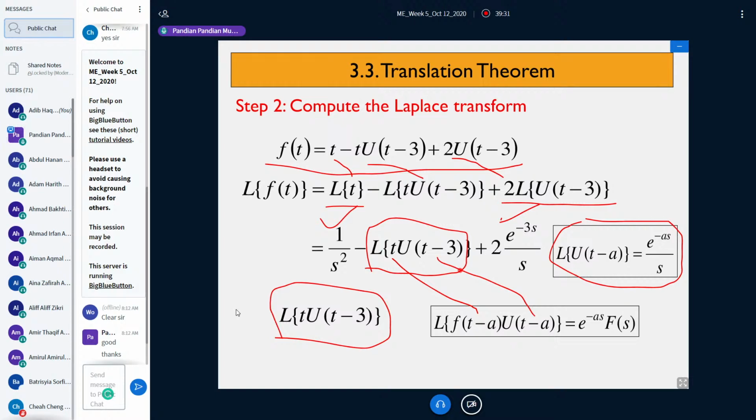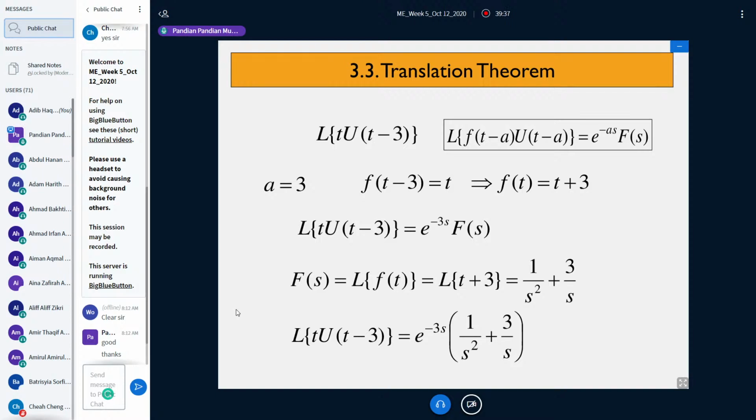So for this, you have to do it in this way. Laplace of t u(t minus 3), we have to use this formula. Formula is clear. Laplace of f(t minus a) u(t minus a) equals e power minus as F(s).